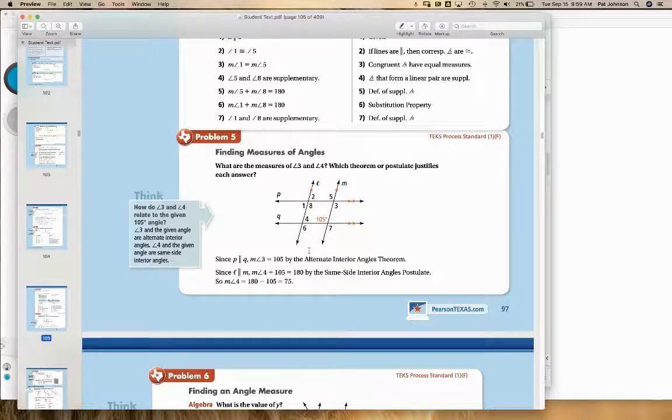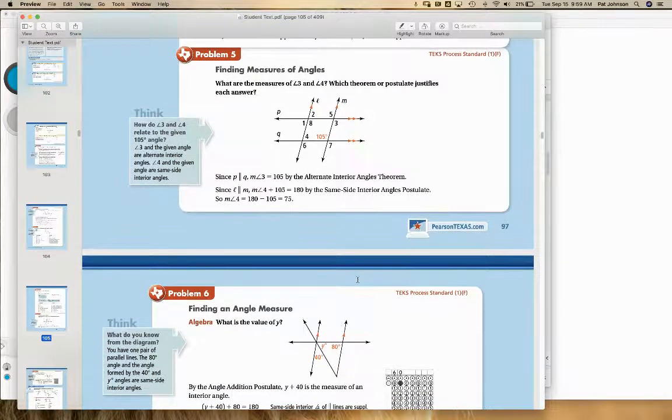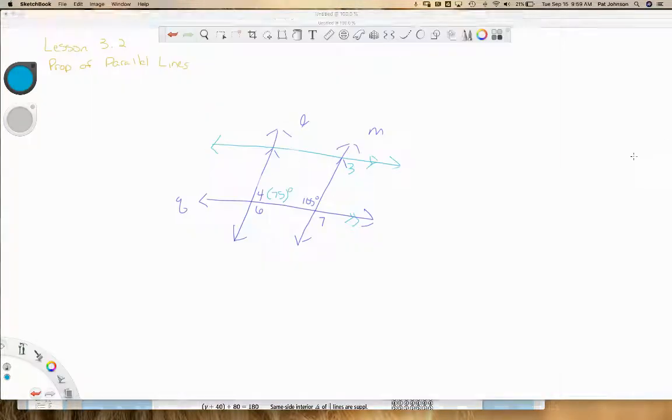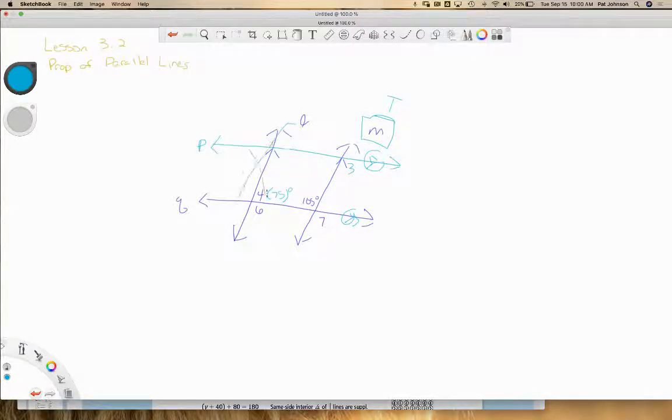And we already found 4 because we said same side interior angle postulate. So you have to be able to break them apart like I did, or use different colors so you don't get confused. So here they use P and Q as the parallel lines, and this as the transversal. And you see that they're alternate interior angles. You have to ignore this piece of it.